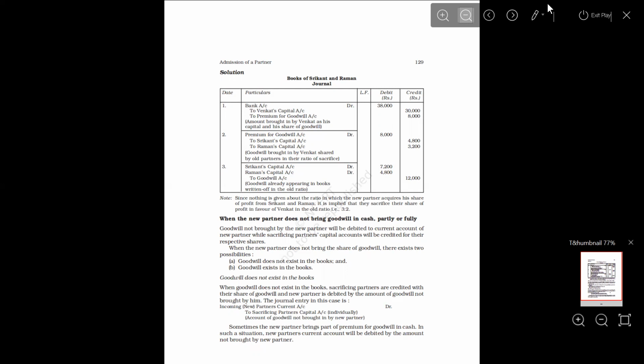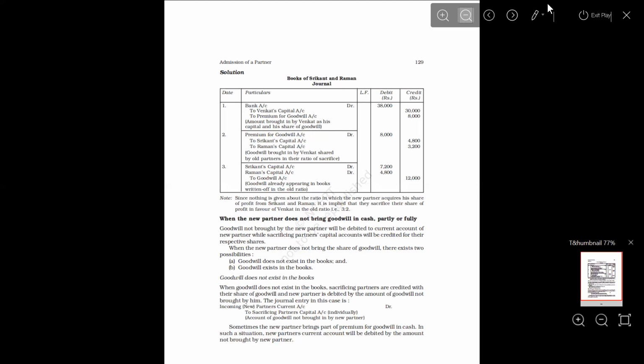When the new partner does not bring the share of goodwill, there are two possibilities. One, the goodwill does not exist in the books. Second, the goodwill exists in the books. When the goodwill does not exist in the books, sacrificing partners are credited with their share of goodwill, and the new partner is debited by the amount of goodwill not brought by him.